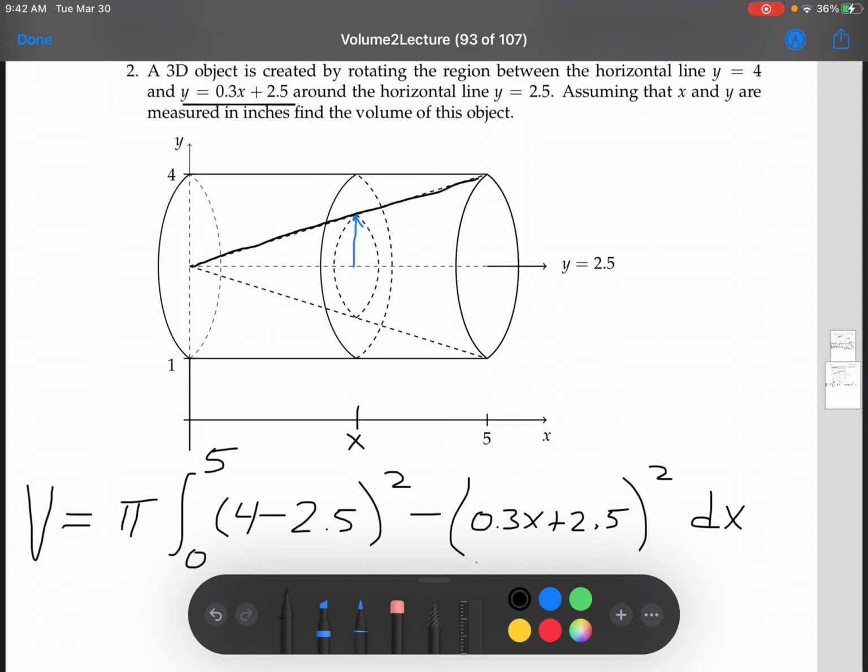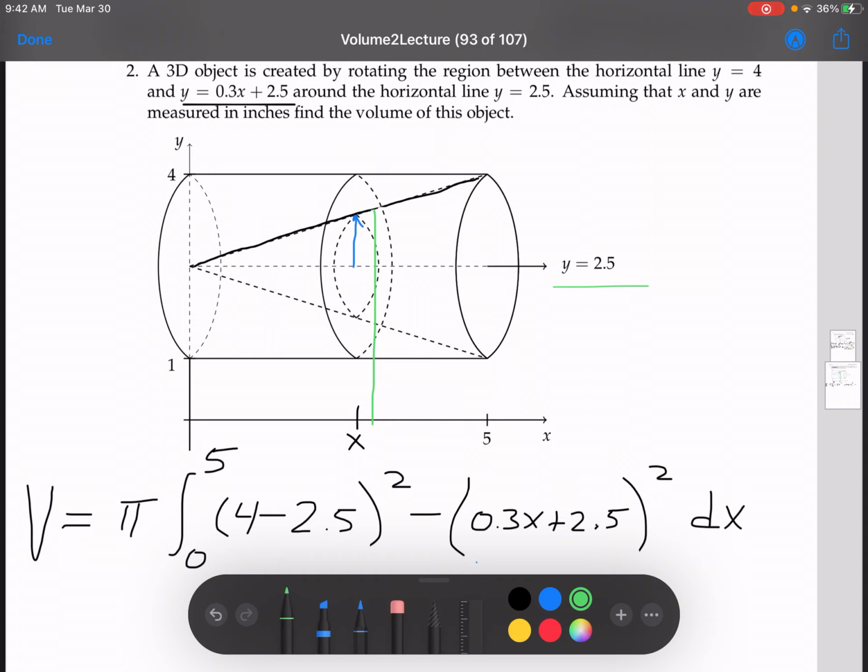This is because 0.3x plus 2.5 gives us this entire green distance there. And we don't want the entire green distance. Remember, the center of our cylinder is at y equals 2.5. So we just want that blue distance there.